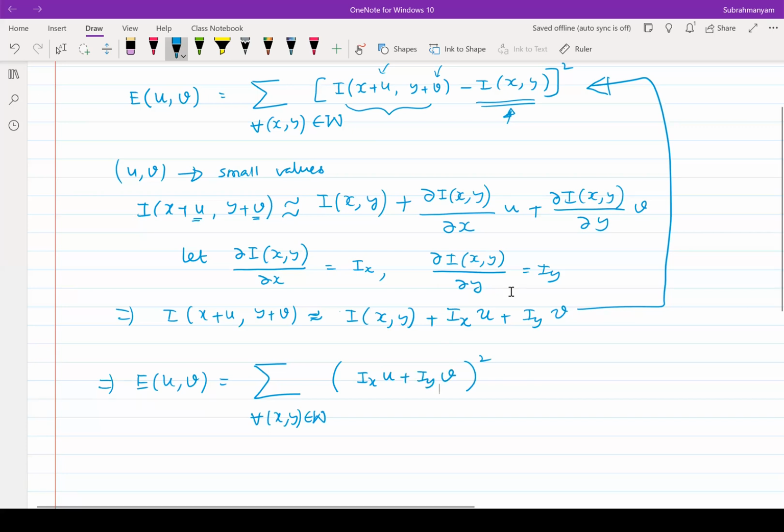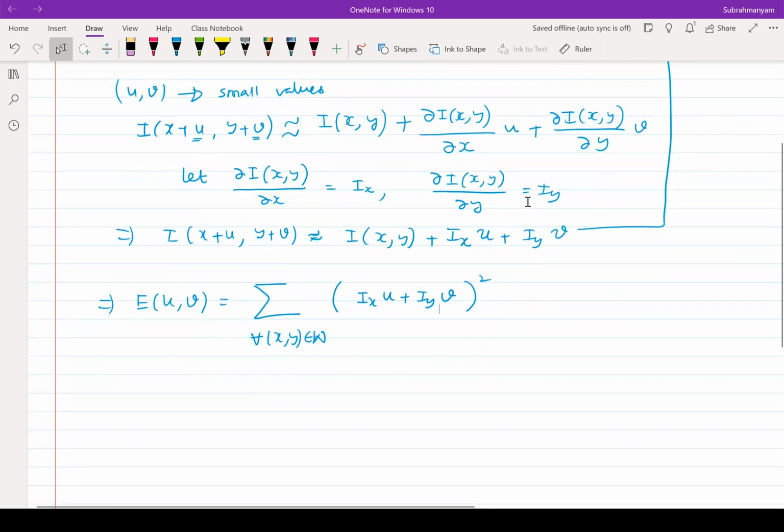The whole derivation in Harris is actually based on the matrix representation of this value. But if you are not very comfortable with linear algebra and matrix things, you may find that difficult to follow. So I will first discuss it in a scalar format, and then we will slowly graduate into vector form. That would perhaps make it easier for you to follow. So let me expand this for now.